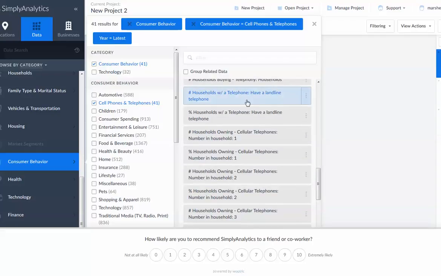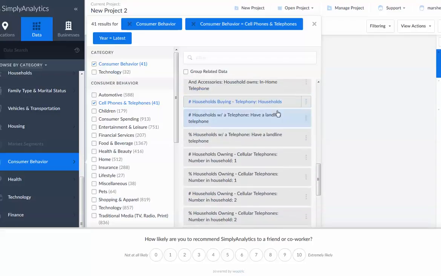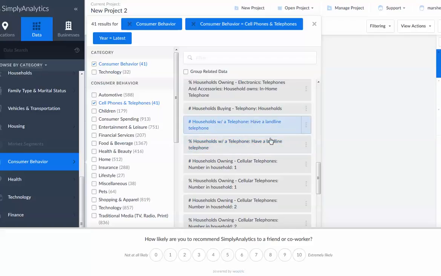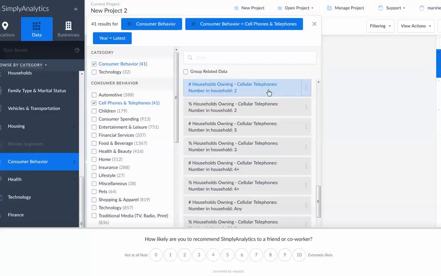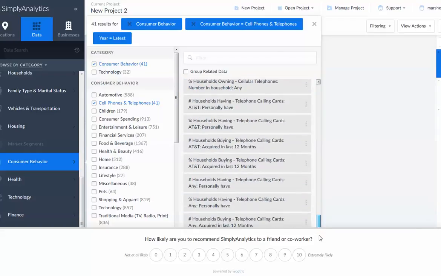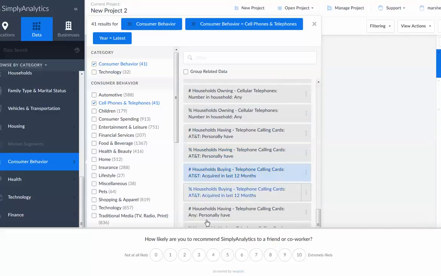If I'm going to do something that involves selling a product for a landline, or if I'm going to do polling with a group that can really only reach a landline, then I need to know how many households have a landline. If I want to know the number of households having 2 cellular telephones, I can take a look at that. If I want to look at the number of people who have telephone calling cards, I can look there.